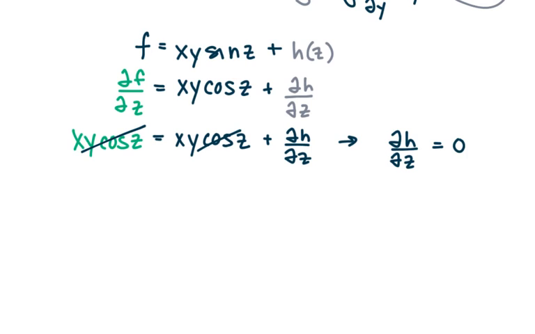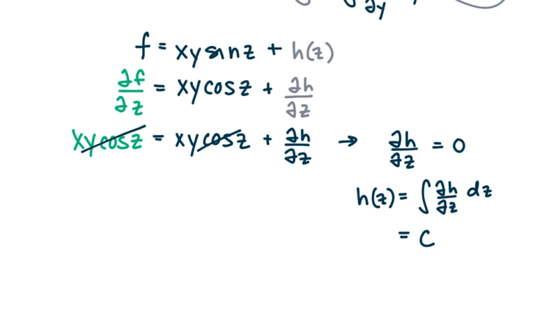So what that means now is that my h of z function is the integral of this partial h with respect to z, dz. Integrating 0 is going to give us a constant. And since I've already integrated and dealt with the potential for having a variable in y and a variable in z, I can just call this c.